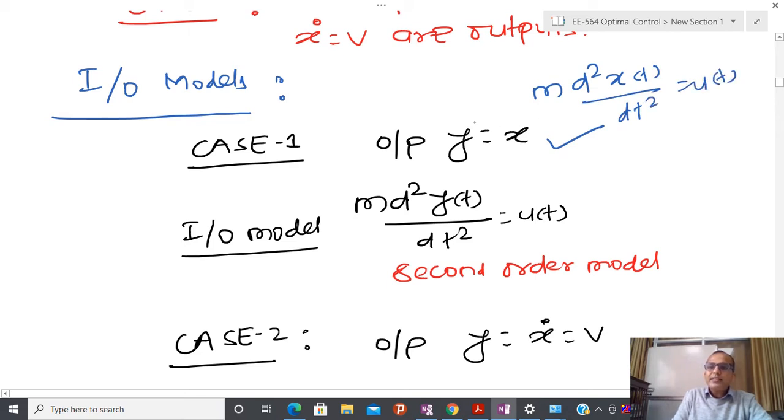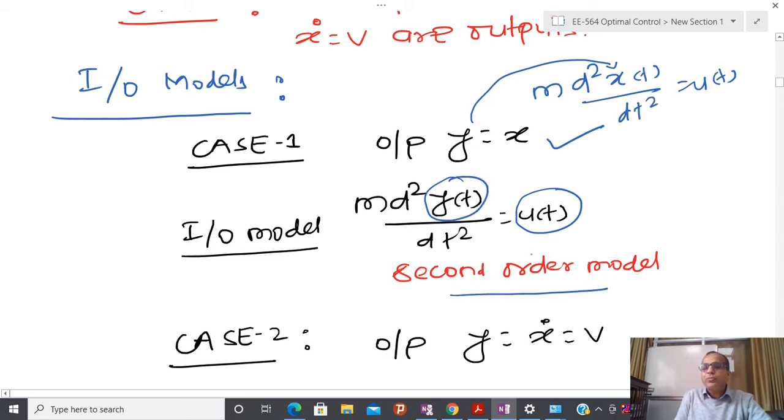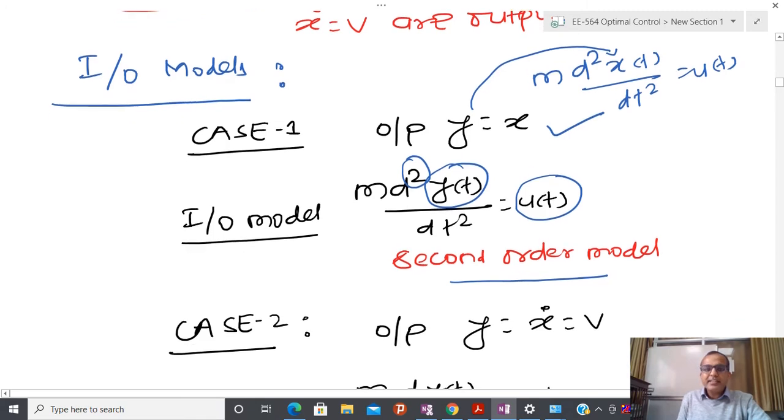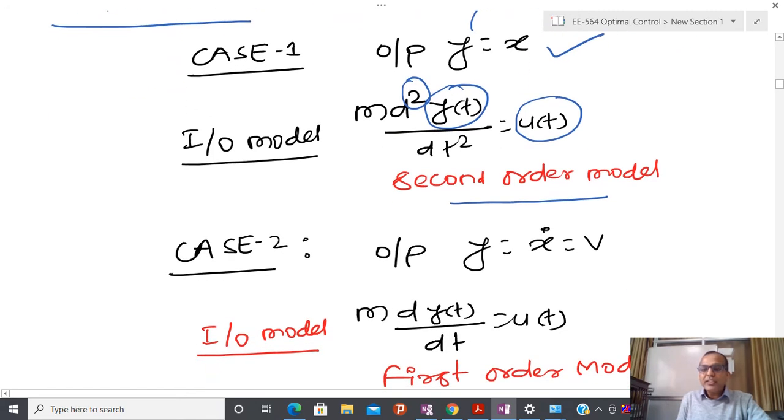So y equal to x, just substitute here, and in this way I am able to relate input and output. So with respect to input and output, you can see that a 2 will appear, so I have a second order model.